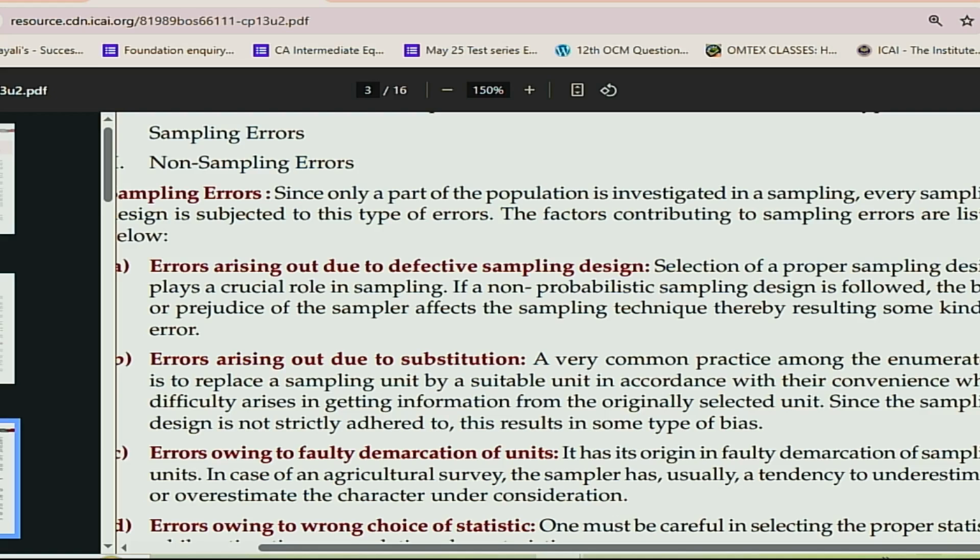Now let us take the same case. The counting was wrong. So there was an error which we understood. Now what did we do to find out that it is due to defective counting? I told another person to count the same thing. So in this way I tried to minimize the error.